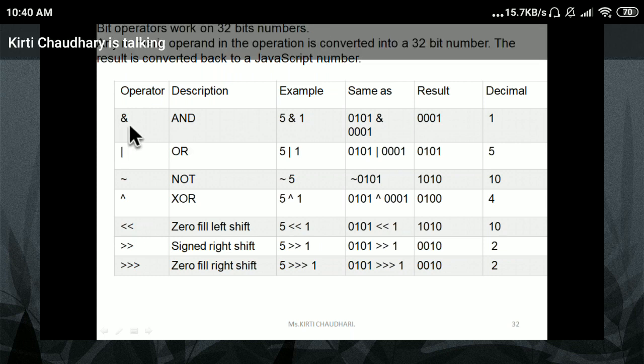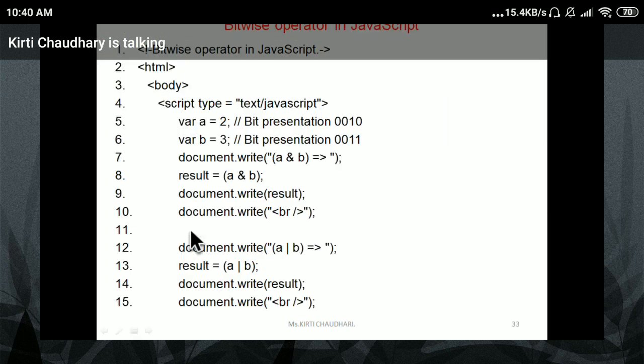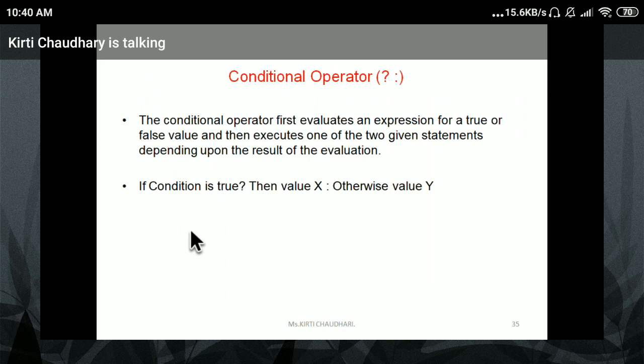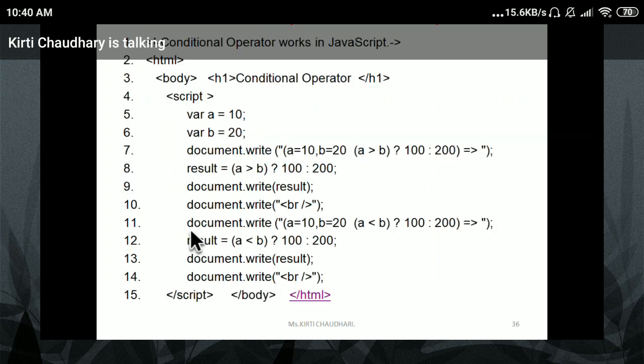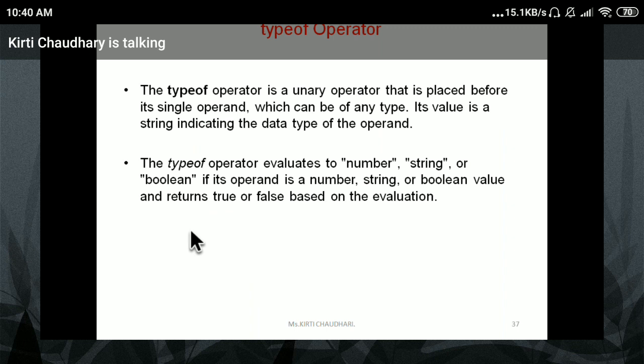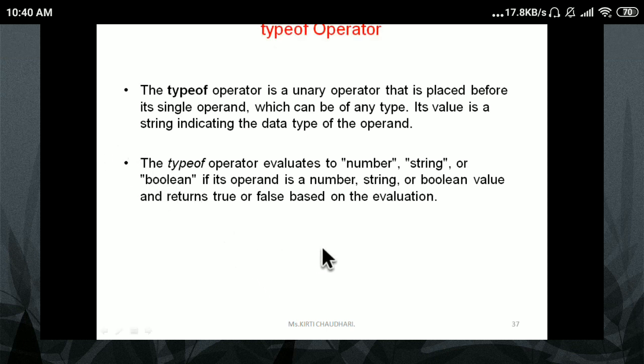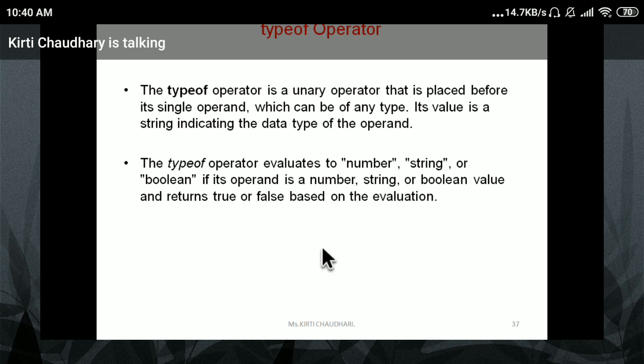Then bitwise operators: ampersand, pipe symbol, or, not, XOR, left shift, right shift, and zero-fill. The next one is the ternary operator. These are the types of operators. Clear? Clear your doubt? Okay. Continue further.